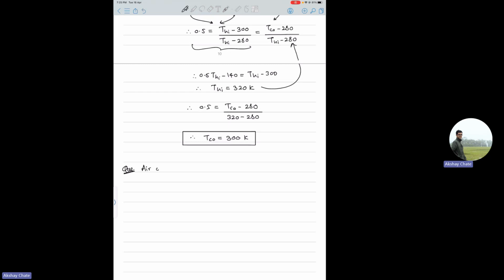Air with average inlet velocity of 10 meters per second at 300 Kelvin enters a copper tube of 11.2 mm diameter and 2.5 meter length.